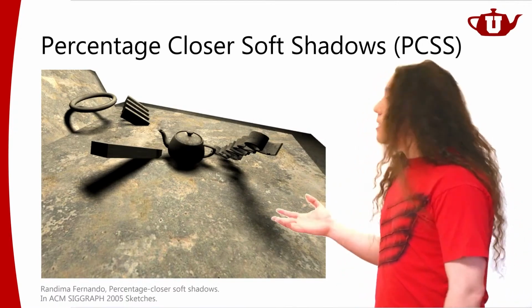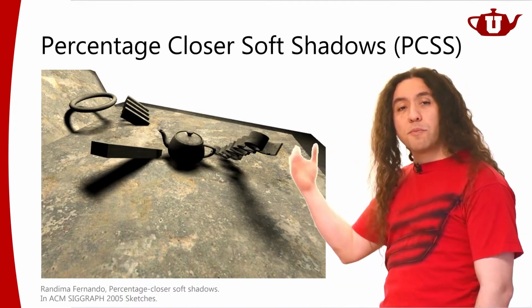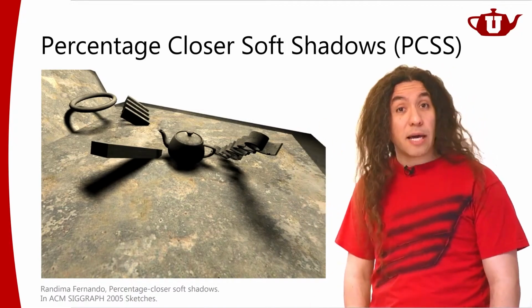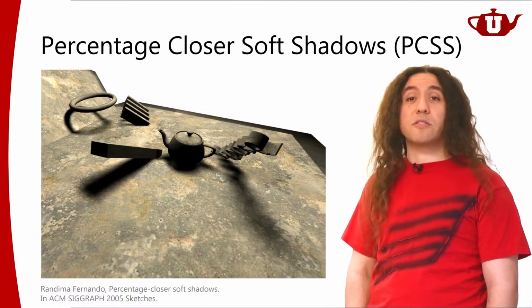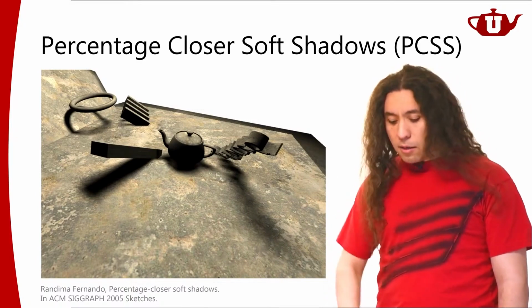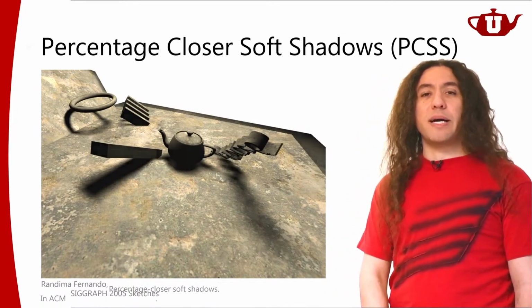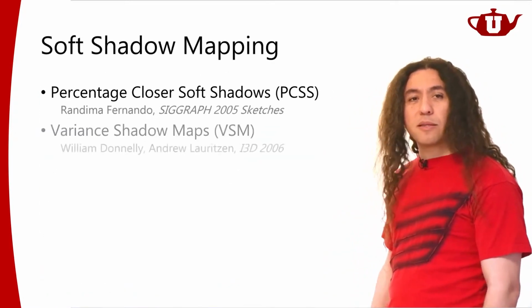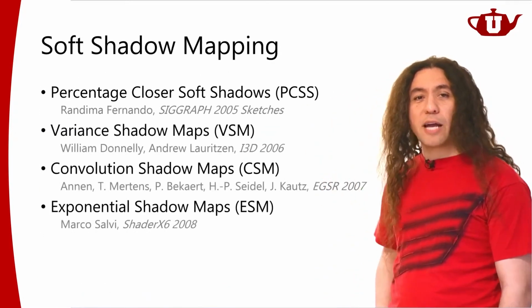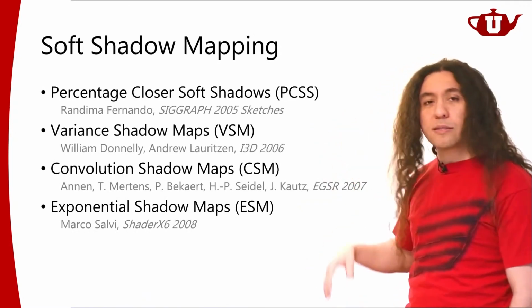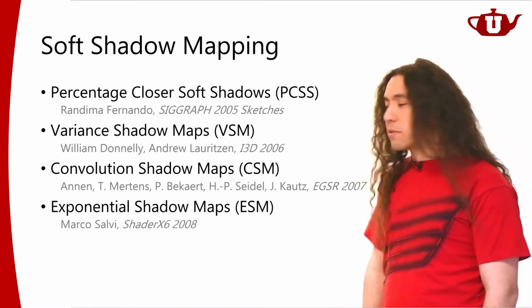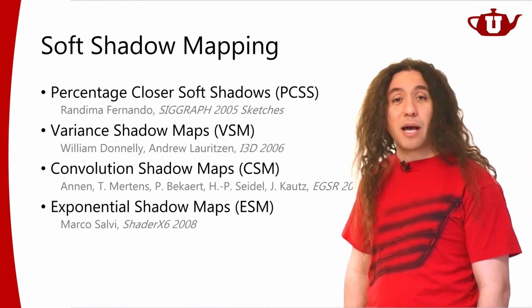So this is just one example of how we could compute soft shadows using a method similar to shadow maps. There are a bunch of different methods. I list them under the name soft shadow mapping. These are some of the earlier ones: variance shadow maps, convolution shadow maps, exponential shadow maps.